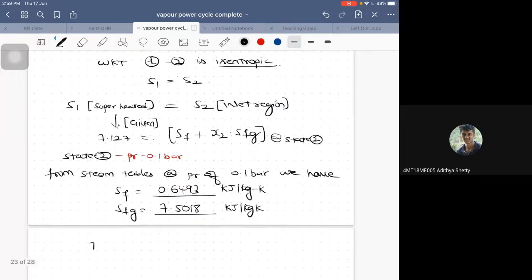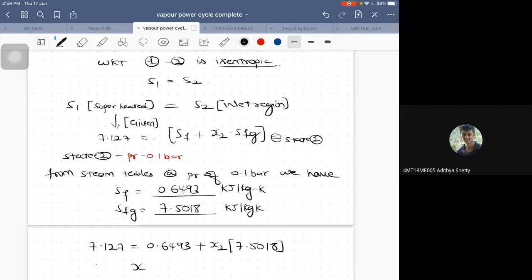So, 7.127 is equal to Sf, which is 0.6493, plus x2, that is the thing we need to calculate, times Sfg, whose value was 7.5018.